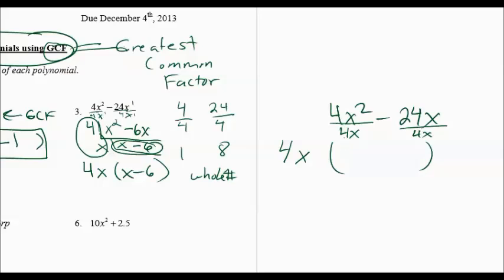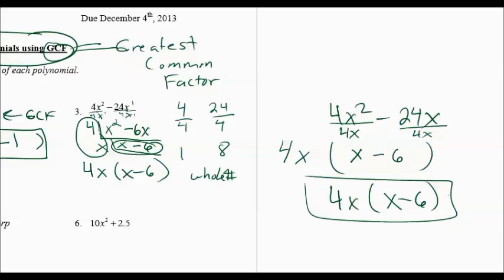So 4 divided by 4 would be 1, and x squared divided by x would be x, and then 24 divided by 4, there's a minus sign between them, that would be 6, and x divided by x would just be 1. So my final expression is 4x times x minus 6. Okay, and notice also that if I redistribute that 4x, that would be 4x squared minus 24x.